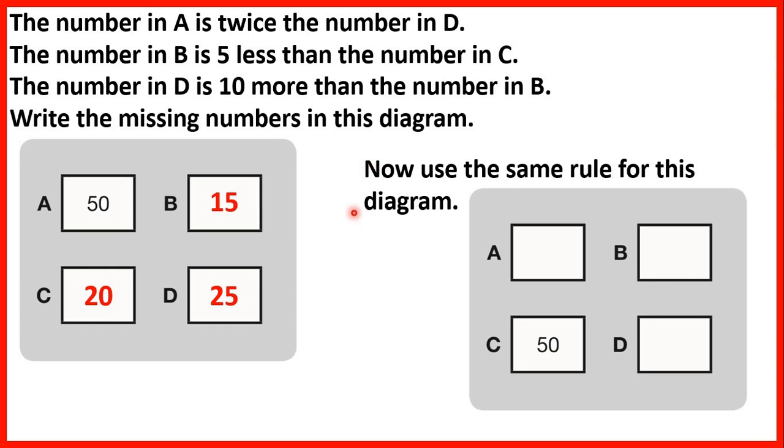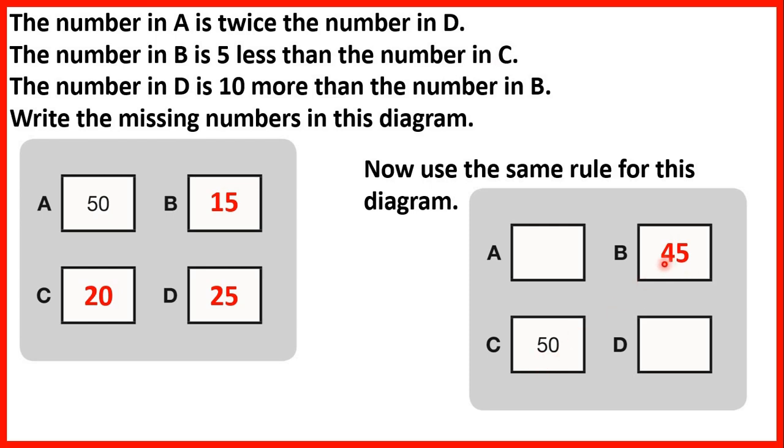Now use the same rule for this diagram. So here we're told that C is 50. So let's look for a sentence which mentions C. The number in B is 5 less than the number in C. So in B we will have 45 because that's 5 less than 50.